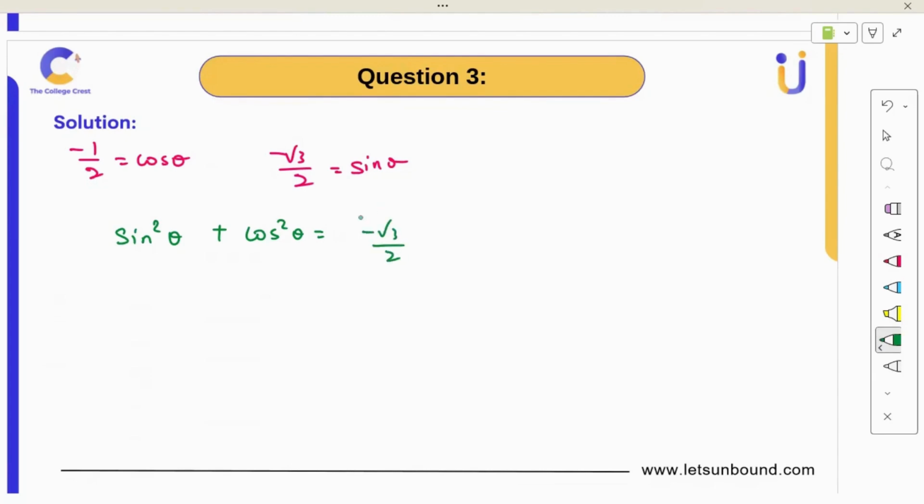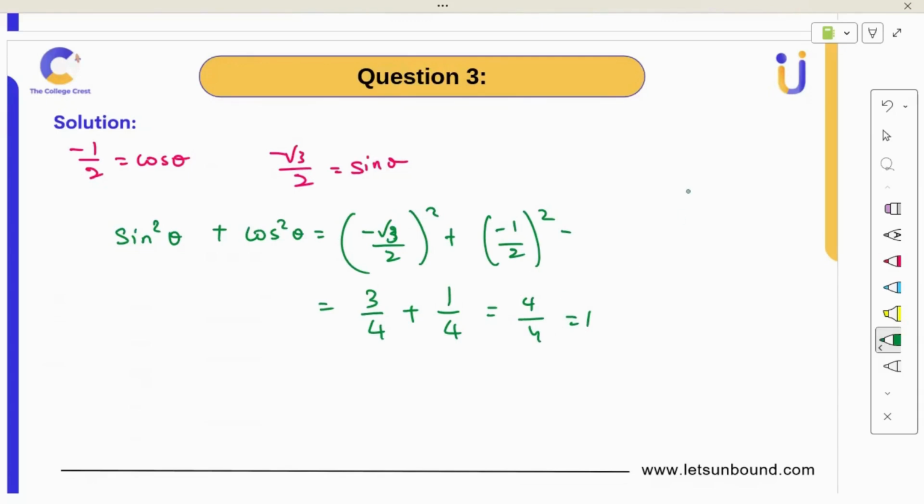So -√3/2 whole square plus -1/2 whole square. This will be 3/4. This will be 1/4. 3/4 plus 1/4 is 4/4, which is 1. So sin square theta plus cos square theta is 1.